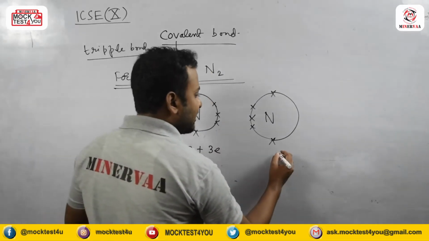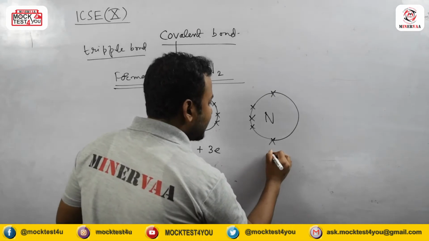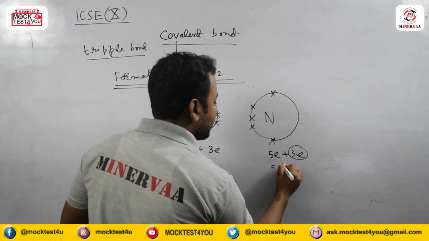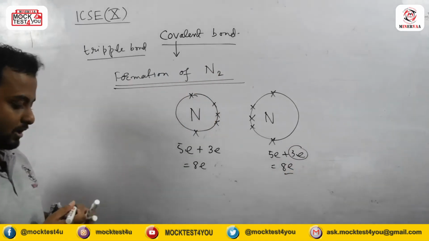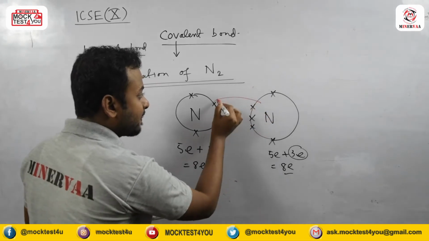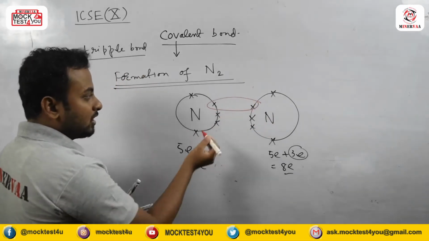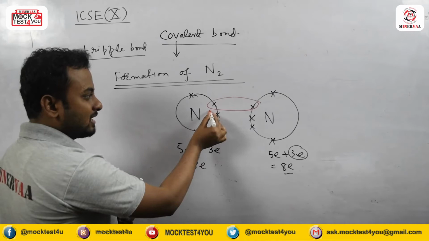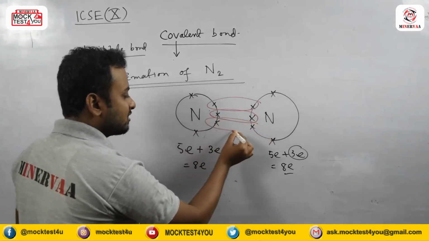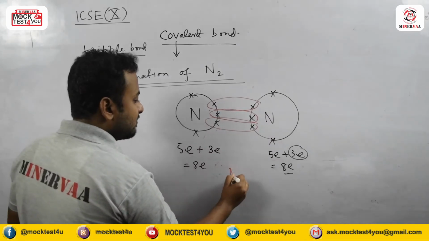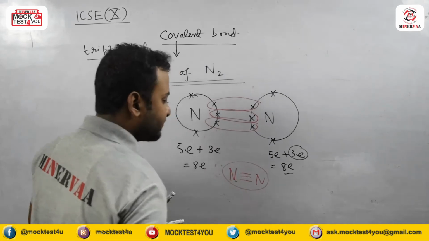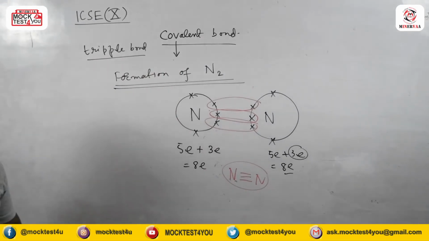Similarly, this nitrogen will also need extra 3 electrons to complete the octet. So what will they do? They will share electrons with one another. To get 3 electrons, it needs to form 3 bonds with the other nitrogen. So 3 bonds will be formed between 2 nitrogen atoms, and that is called a triple bond.